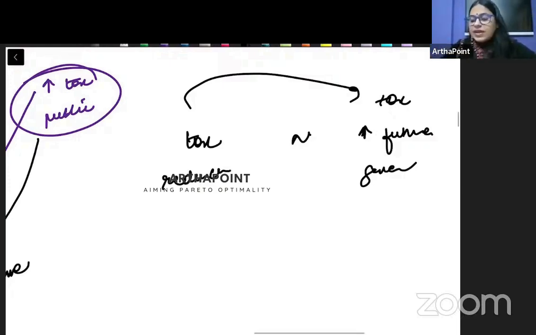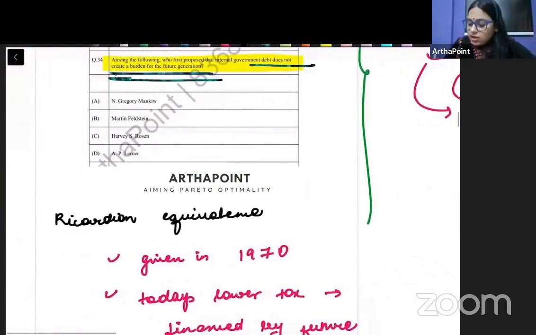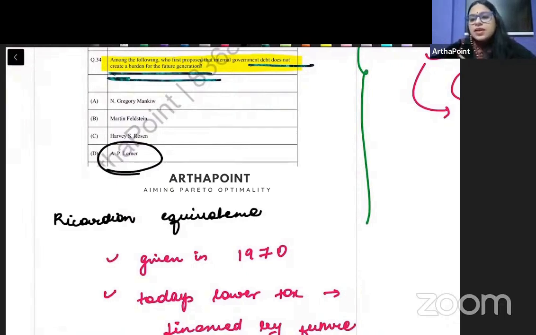Now, there was this individual called AP Lerner. And AP Lerner was basically against this concept. He said, no, aisa kuch nahi hota. This is not true. So who said it? Read the question, beta.